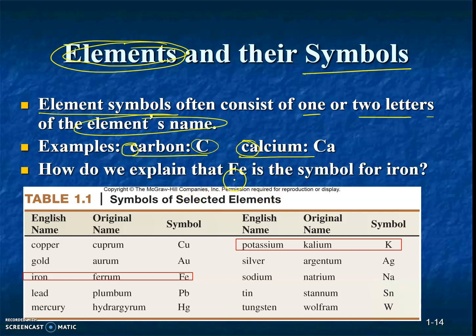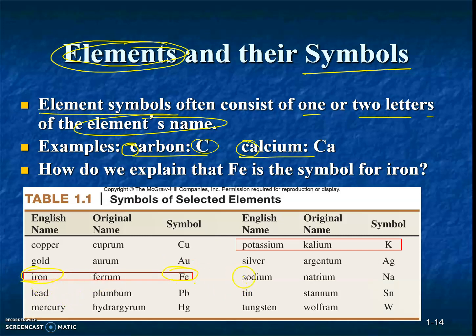But some of the symbols are not from the element's name, at least not from its current name. For example, iron's symbol is Fe, which is not from its first one or two letters.